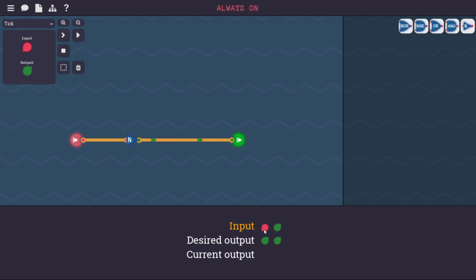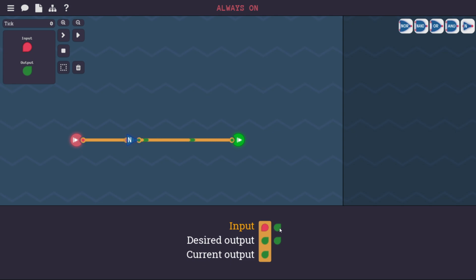So if the input is off, we're supposed to get an output of on. The first condition is okay, and if we test the first condition, it's successful.